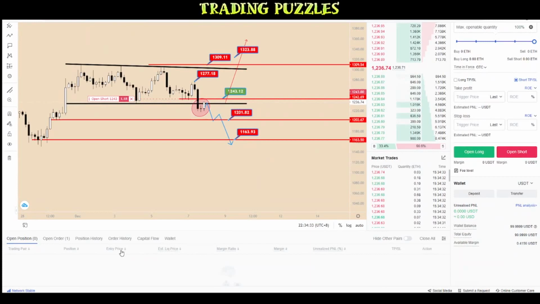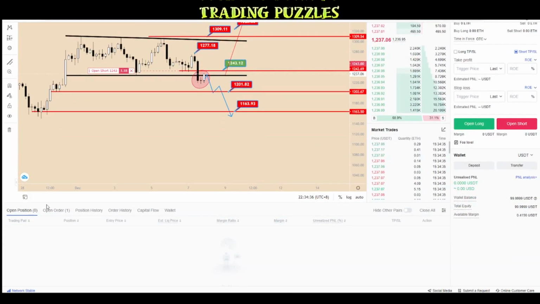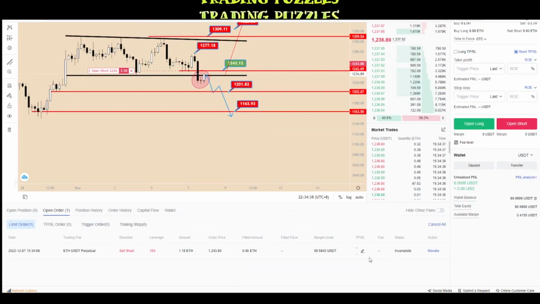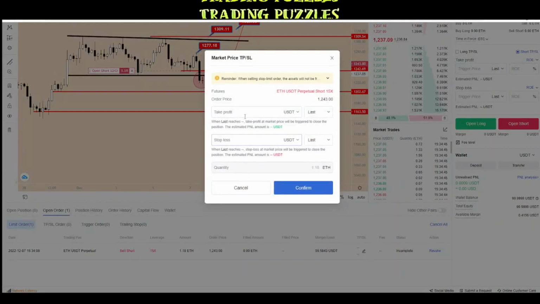I left by purpose the profit target here. You can see that I didn't place, so I can come on the open orders. This is an order. I can open it and I can place the take profit. So let's suppose that our take profit was 1,200, and you will see that at that price level I can make $50 here.